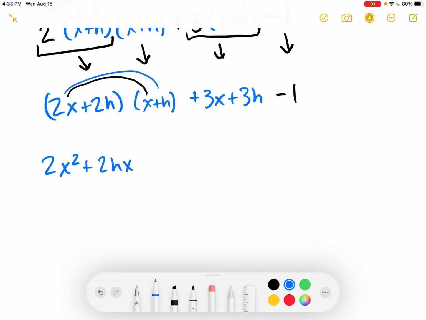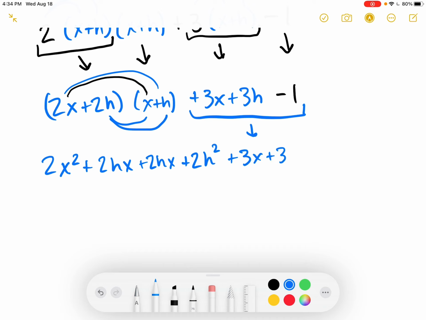We can't combine those, so we're just going to write them out like that. 2h times x, again, that's the same thing, plus 2hx. And then finally, 2h times h becomes plus 2h squared. And then I'm just writing this part down right here, plus 3x plus 3h minus 1. Okay.